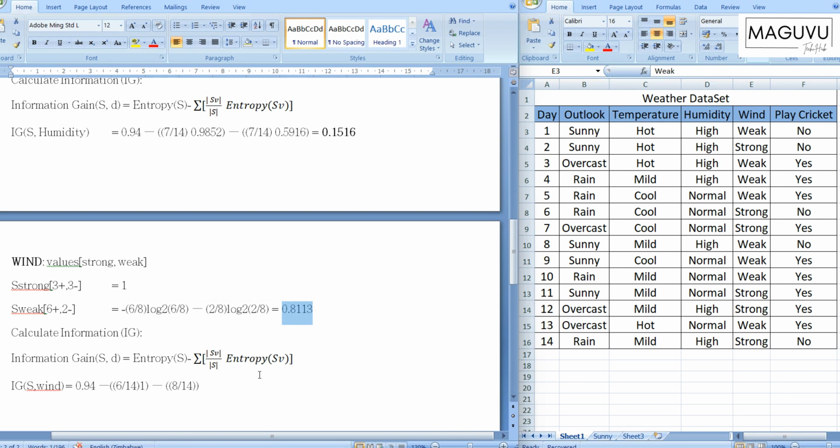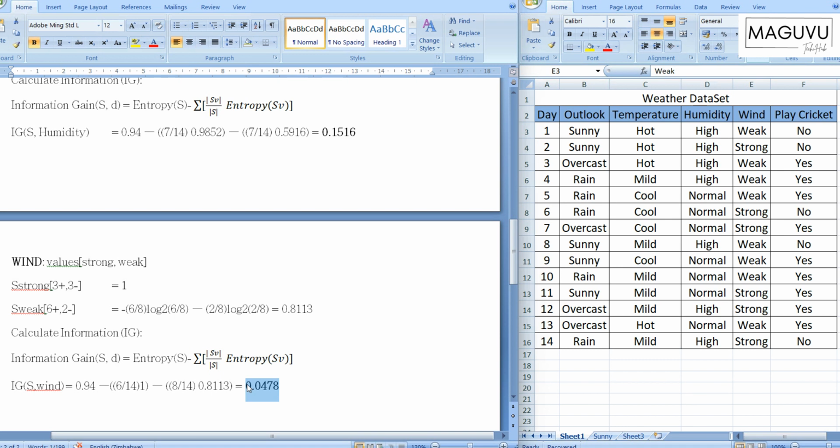So we copy that and bring it down there, and after considering those calculations we should get a value of 0.0478. This becomes the information gain of wind when you consider the whole data set.